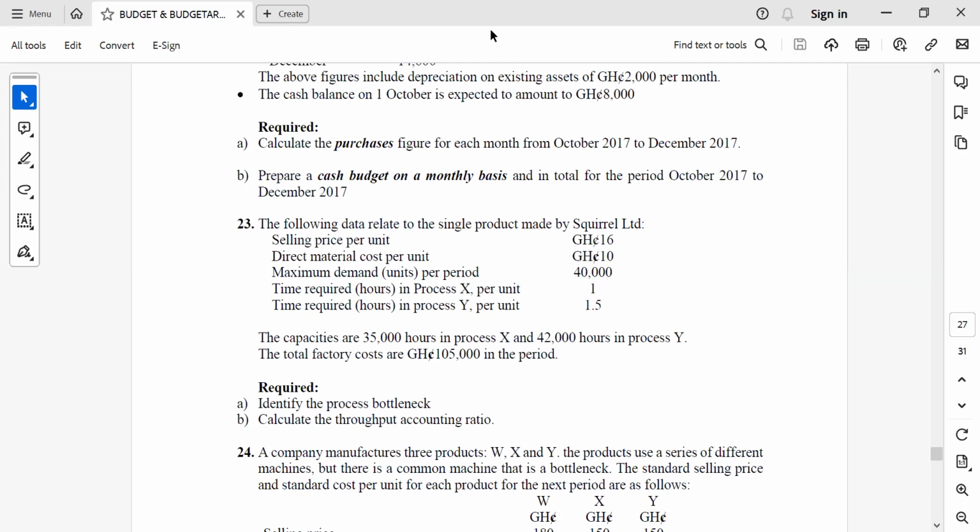So let's move on and find the throughput accounting ratio. We know how to calculate it. We need two items. The first one is the throughput contribution per the bottleneck.